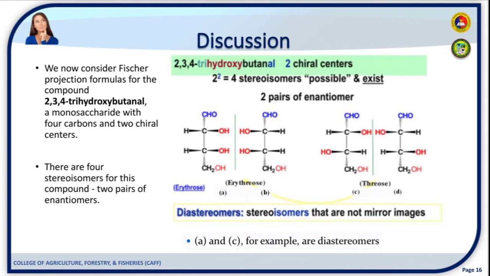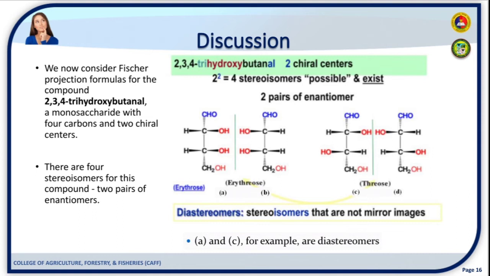It has been mentioned here that 2,3,4-trihydroxybutanol contains 2 chiral centers. And remember, chiral centers have 4 different substituents directly attached to the central carbon atom. And because of this, there are 4 stereoisomers for this compound, which means there are 2 pairs of enantiomers.